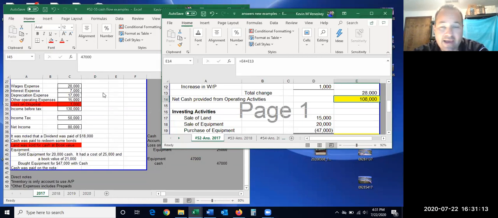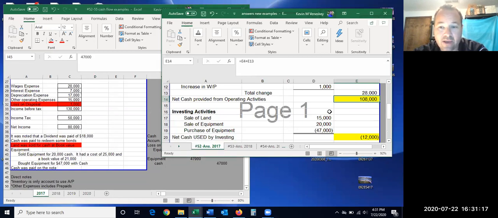So that's all I had on the investing. So the investing, I can go ahead and total up the difference. And this one actually is a negative. So I spent some of the money I had raised up here. And so we call this net cash used by investing.